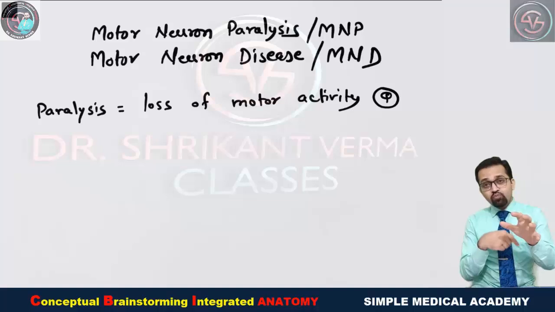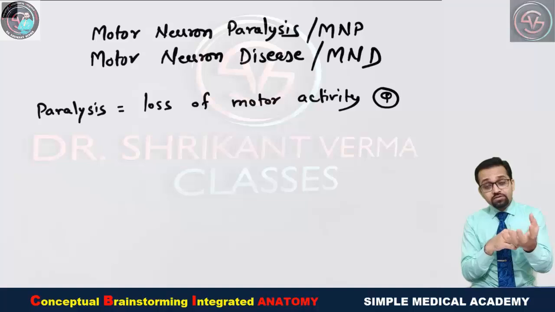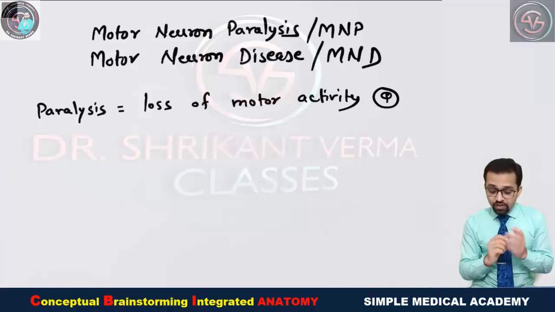If I am unable to perform this motor activity, this is paralysis. If my cortex is sending the order to the muscles, asking the muscle to contract and do movement, but my muscles are not able to contract according to the order of my brain, then it is known as paralysis. In layman's language, normal भाषा में इसे हम लकवा मारना भी कहते हैं. So we are going to see this.